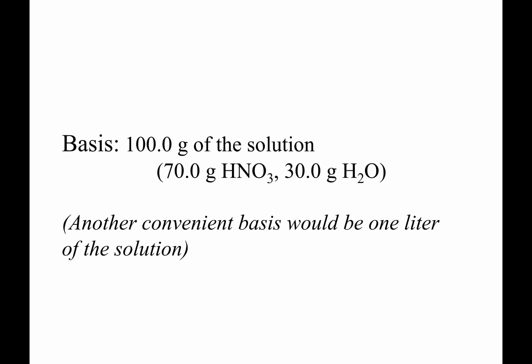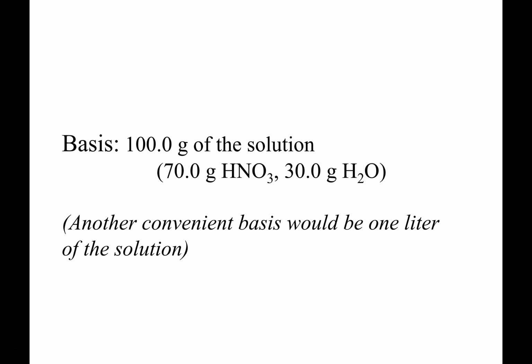The first basis we're going to work it is, and sometimes I'll say assume, or what our basis is. So I'm going to say assume we have 100.0 grams of solution. That's my basis. I can do that. It's not cheating. And then let's see how the chips kind of fall into place.